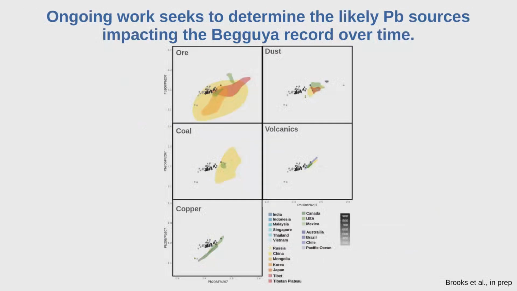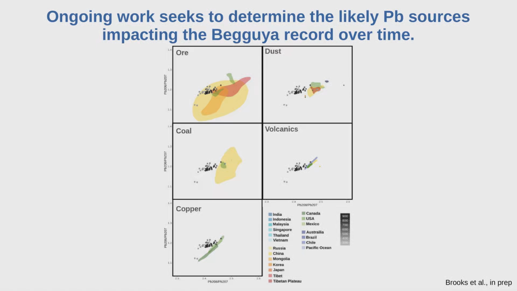Currently, we're working to see if we can actually pin those individual lead emission sources that are impacting the Bona record to known sources. So here we have plotted lead data from 340 to 1000 CE. Those are the gray to black colored dots.